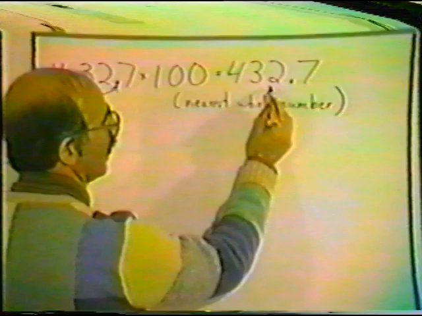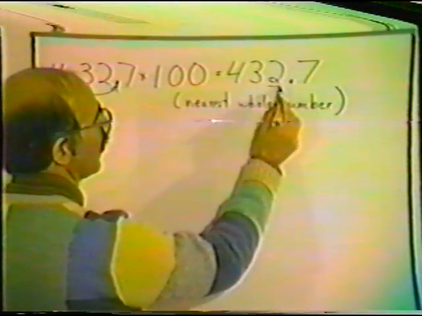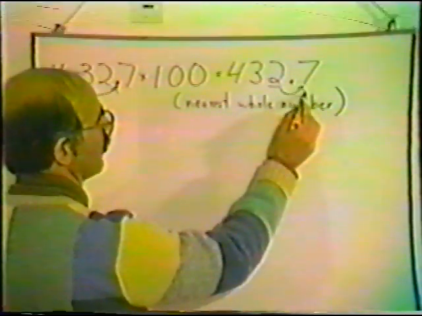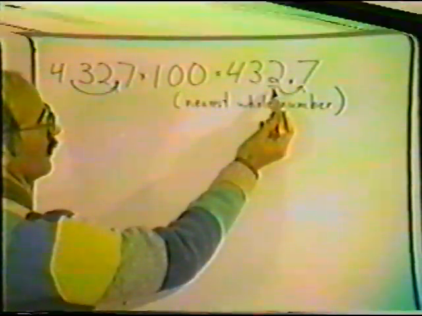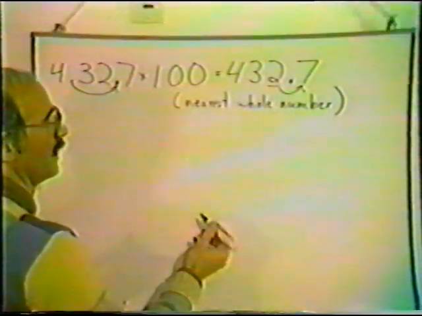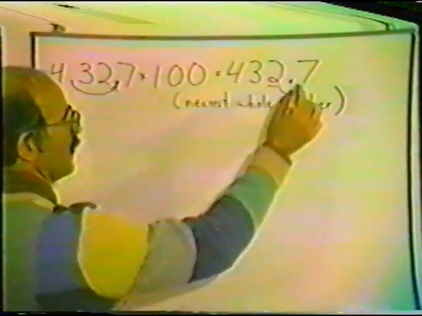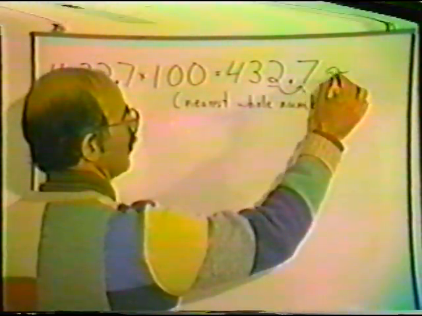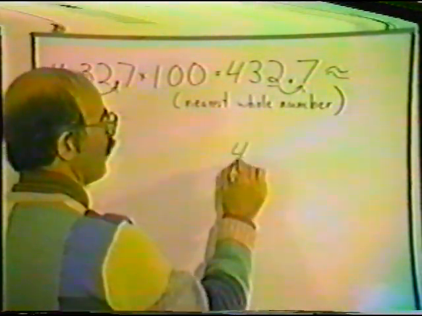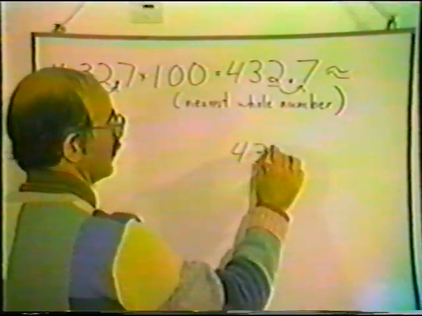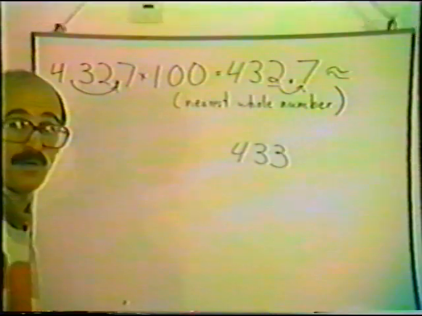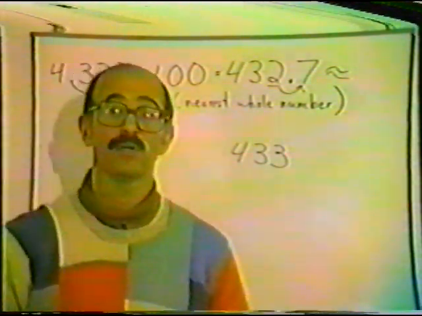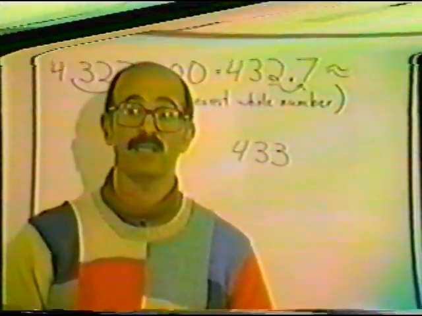So we put a line under the 2 and we point to the 7. The 7 tells us that the 2 goes up and becomes a 3, and the answer then rounded off is 433, and that's to the nearest whole number, and we do not need to put the decimal point at the end.